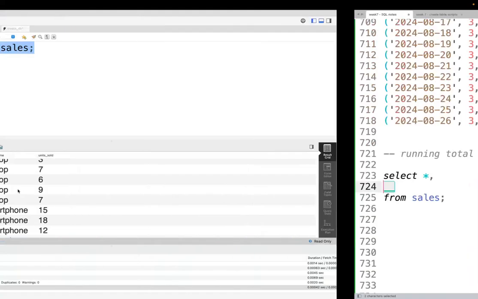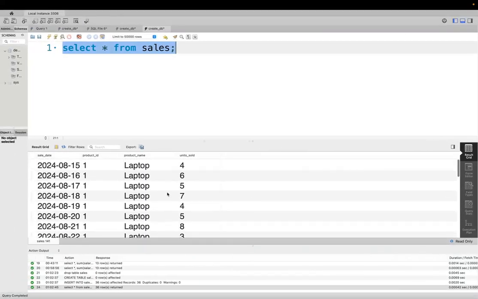Now of course I want, for example, for laptop, I sold four quantities till 15th. Till 16th I have sold 10 quantities. Till 17th I have sold 15 quantities of a laptop. Till 18th, 22 quantities, like that.